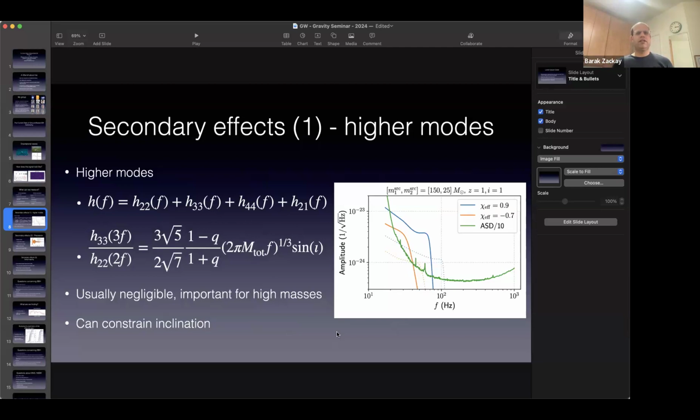Okay. So the first effect we will talk about is higher modes. The signal, the h of f that you measure, you can write it as a linear combination of several different modes. These modes are a bit counterintuitive. If you take the binary black hole and you take the instantaneous gravitational waves that this thing is emitting, you can look at it as a function of the position of the observer.